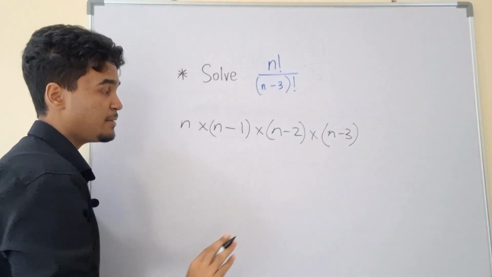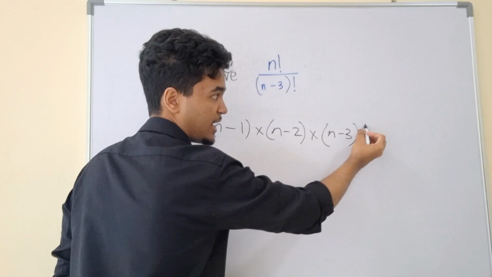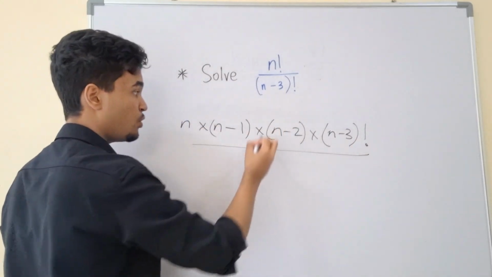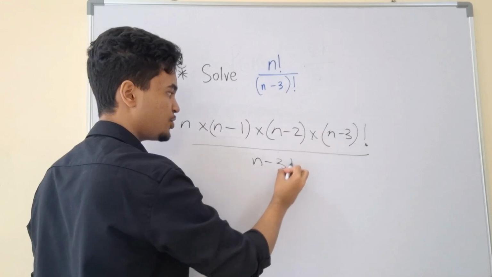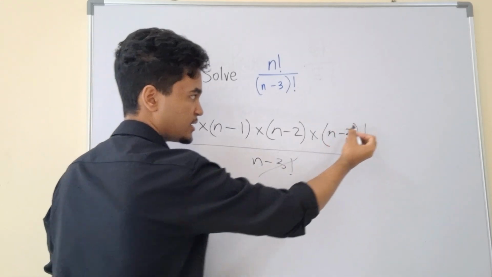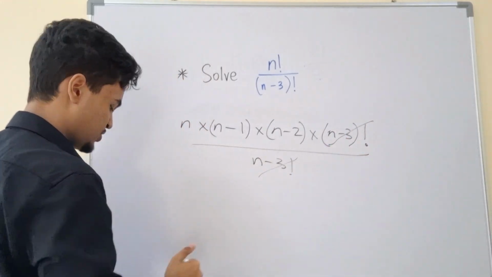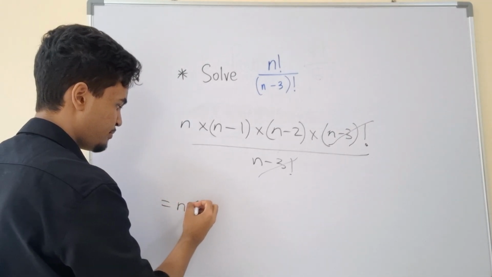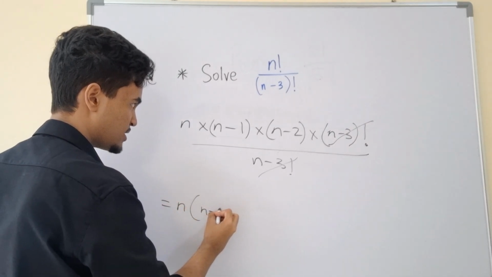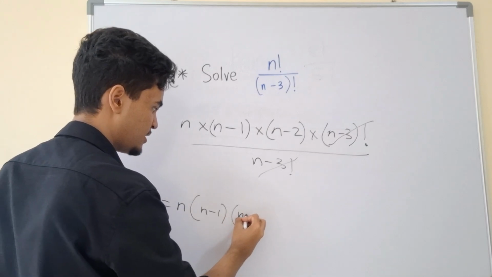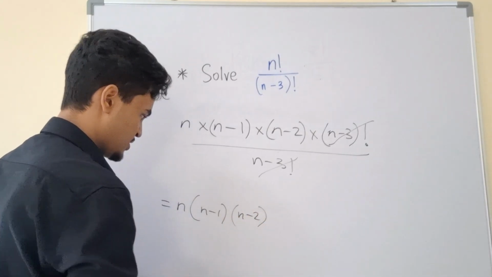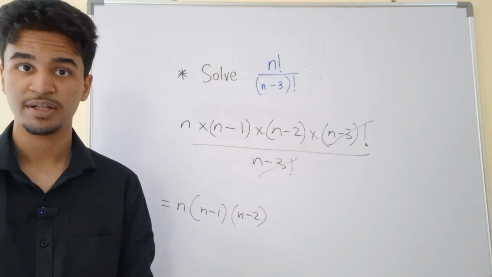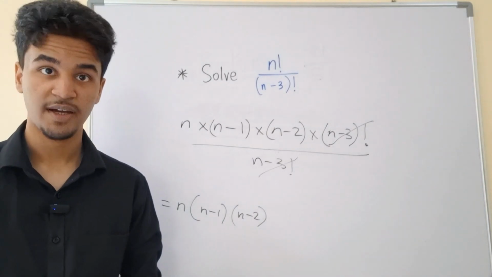Now once you reach n minus 3, you're going to make that a factorial, and since this question is over (n minus 3) factorial, you can cancel these terms. So you're going to be left with the final answer as n times (n minus 1) times (n minus 2). So this is going to be your final answer. You can obviously simplify it further, but that is going to be your final answer.